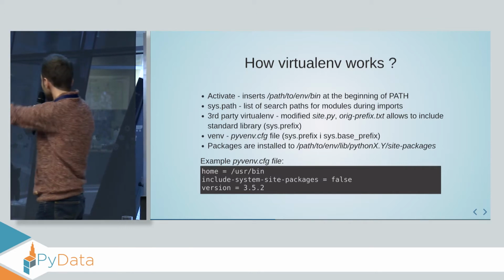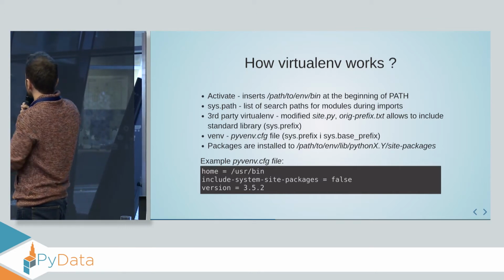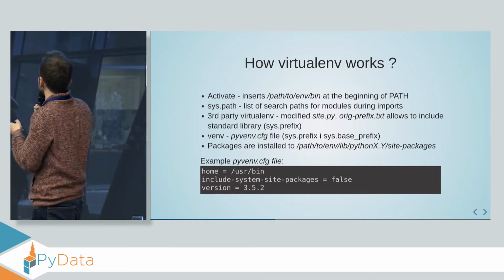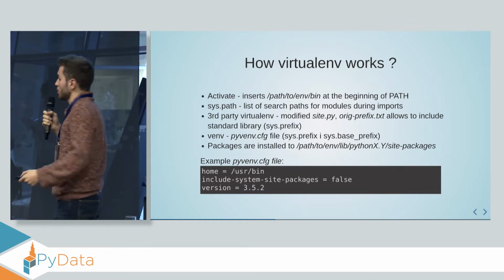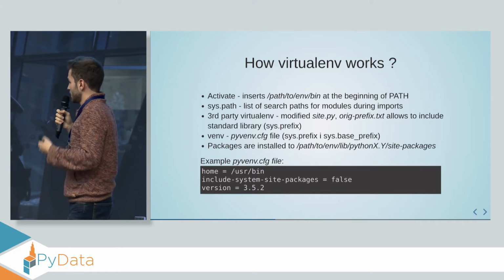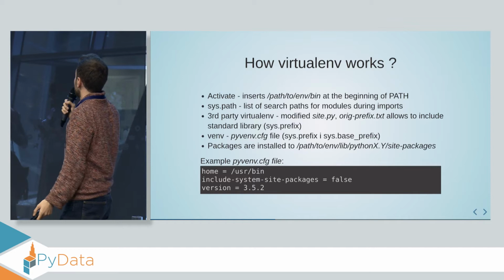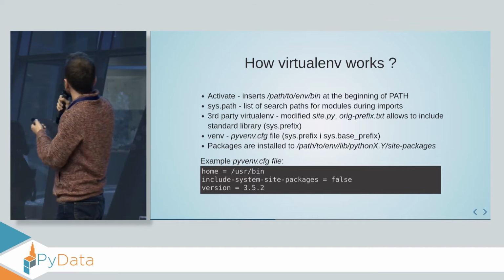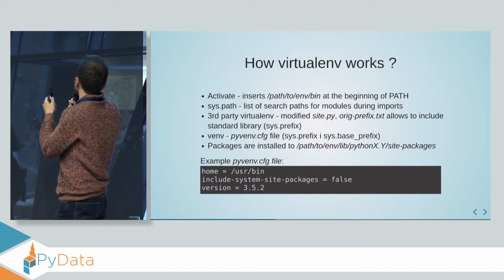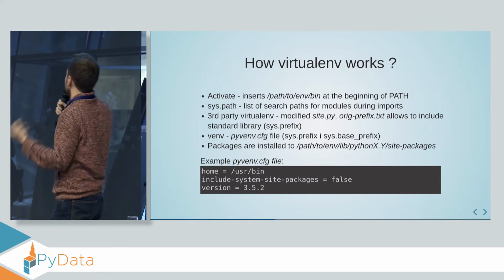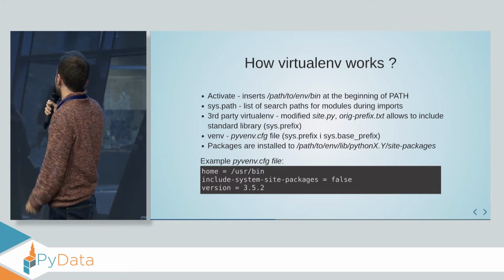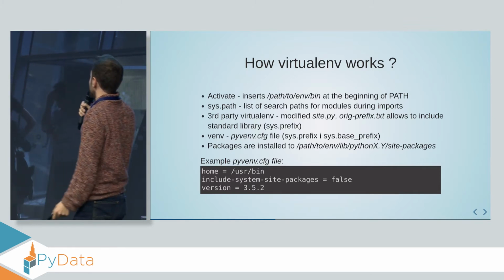So what the guys from virtualenv did is modify that site.py, so it will populate sys.path with the paths to the virtual environment. And to not replicate the standard library, they also included the orig-prefix.txt, which allows including the standard library from the Python installation from which the virtualenv was created.